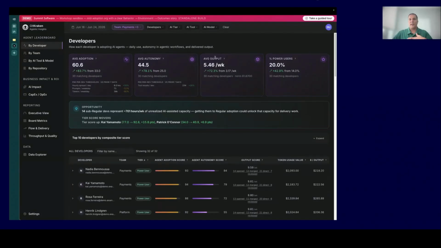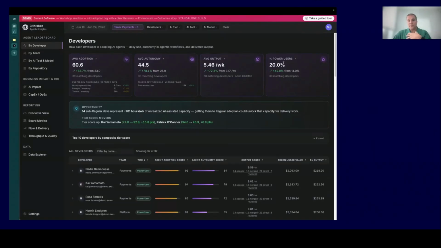Then we also pair that with the output, which is really around, are those adoption events driving good downstream effects. This output score, I'll get into the details in a minute, is based off of various things like the shipping code or commits to production, like Stacia was saying, PRs, both reviews and merges, as well as the direct commits to the repository.